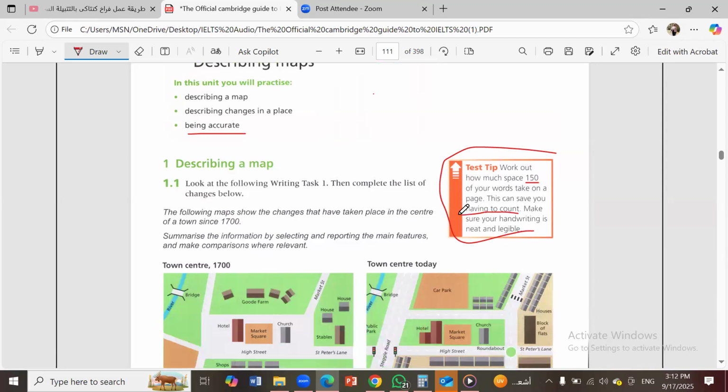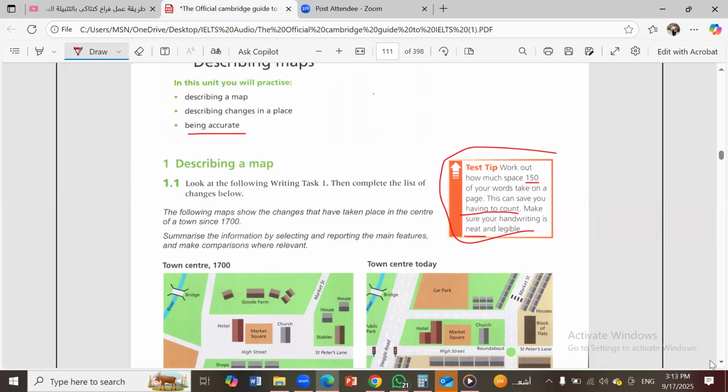You don't have to count if you really practice, as I told you before, practice more than 5 times, for example, to check how many words you write in each line. Make sure your handwriting is neat and legible. Your handwriting must be clear, obvious to the reader.